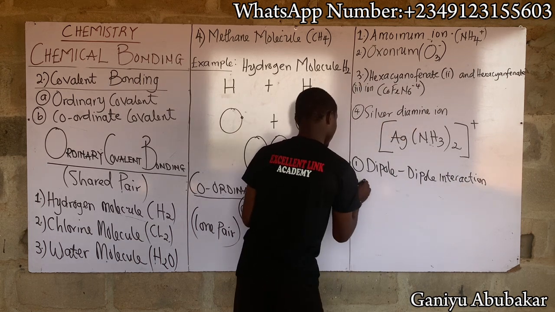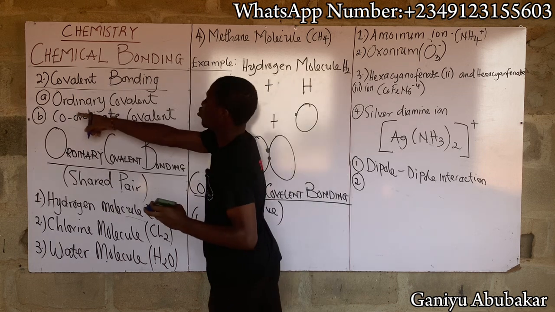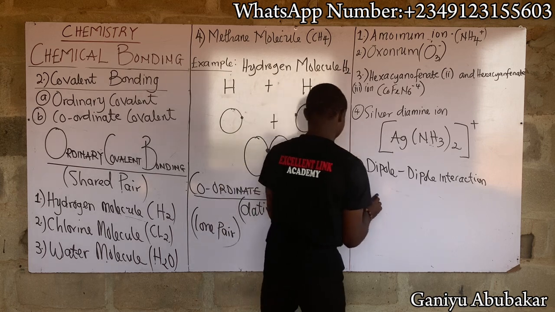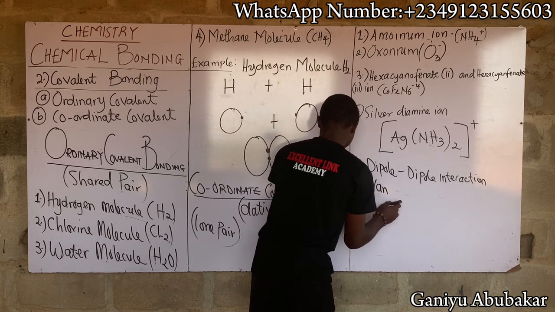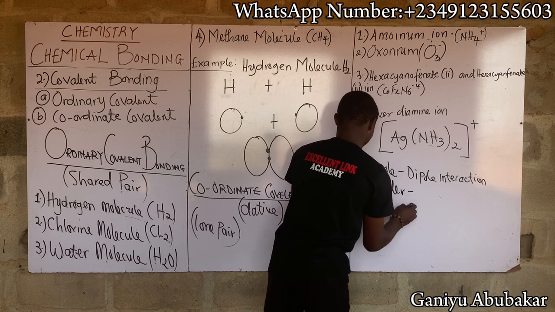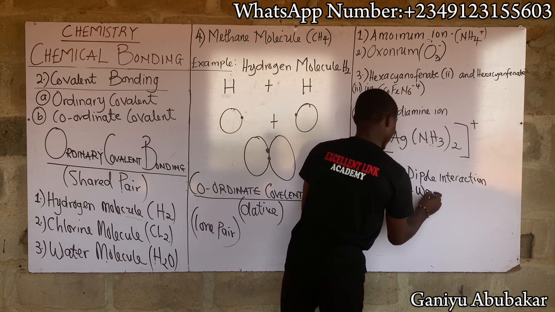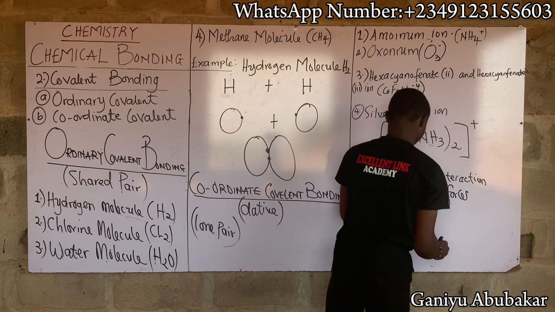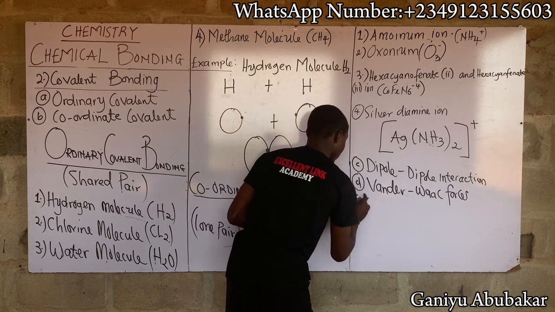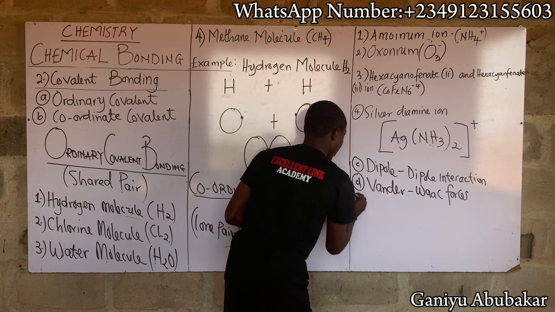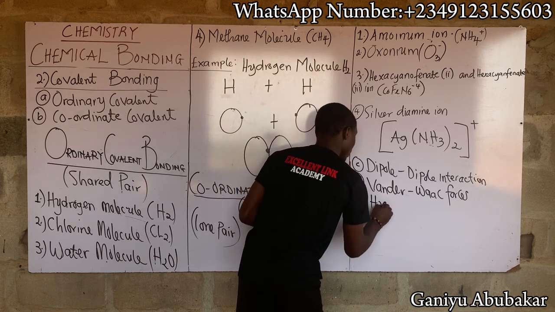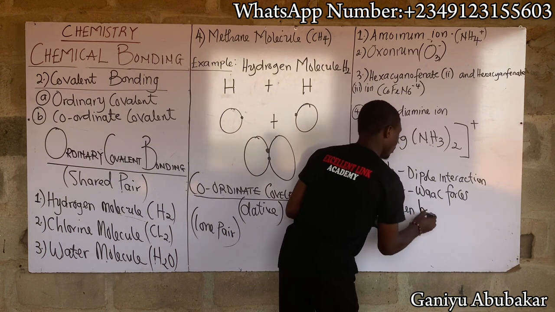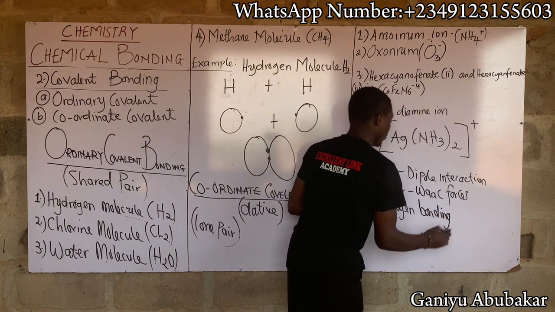number one, two, A, B, it should be C, D, Van der Waals forces, and E, hydrogen bonding.